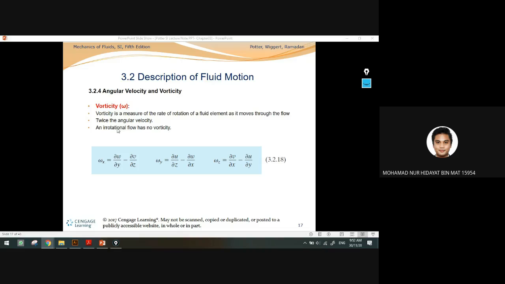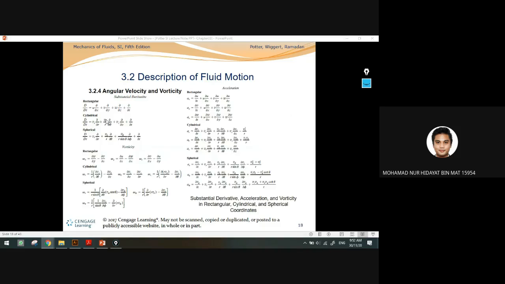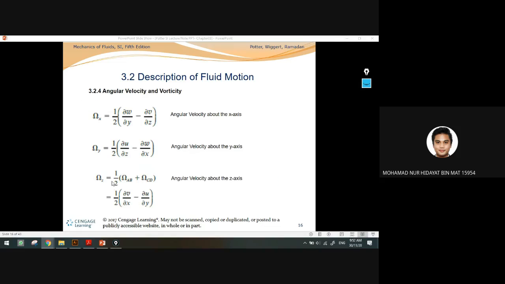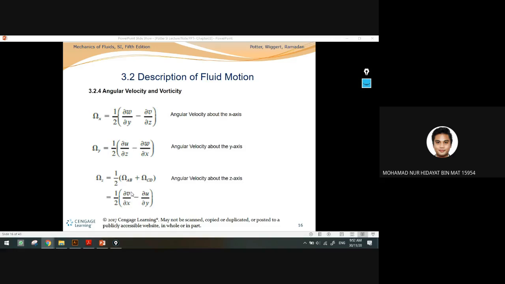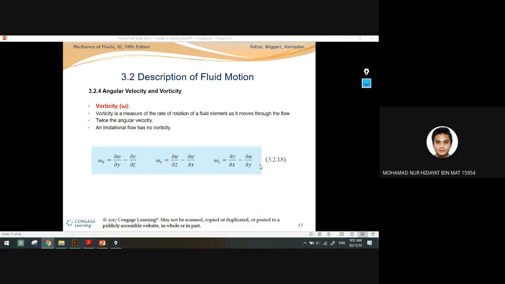Remember, omega is the angular velocity. The vorticity is twice that. Multiply by 2, so 1 over 2 multiplied by 2 cancels the first term. That's why you will get only the inside term. Alright? This is what it means by vorticity.